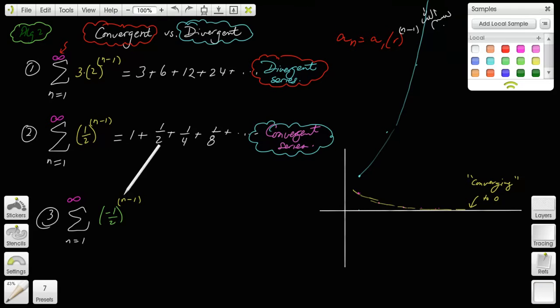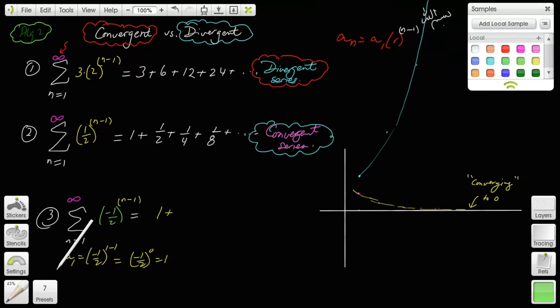Now look at the third example here. This is an interesting twist to the concept. Let's write the first few terms. When n is 1, it's negative 1/2 to the 1 minus 1, that's negative 1/2 to the 0, and that's 1. So the first term is 1.